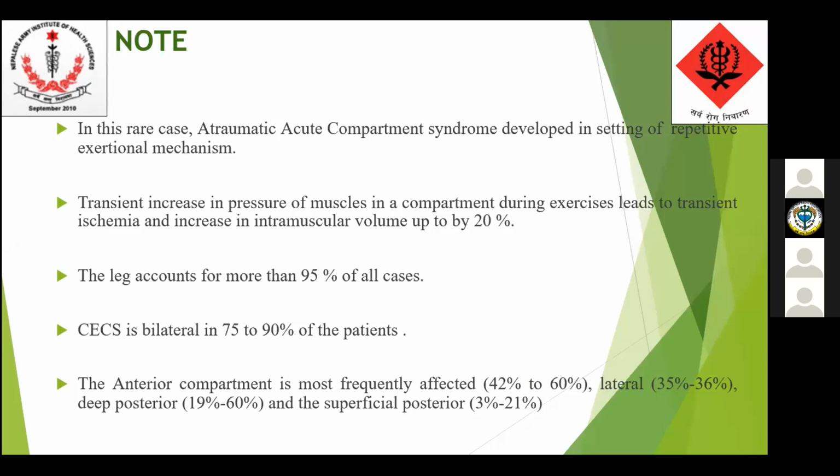In chronic exertional compartment syndrome, there is a transient increase in pressure of the muscles in the compartment during exercise, which leads to ischemia and an increase in intramuscular volume by up to 20%. The leg accounts for more than 95% of all cases, and CECS is bilateral in 75 to 90%, in which the anterior compartment is affected most, 40 to 60%, followed by the lateral compartment, deep posterior compartment, and the superficial posterior compartment.